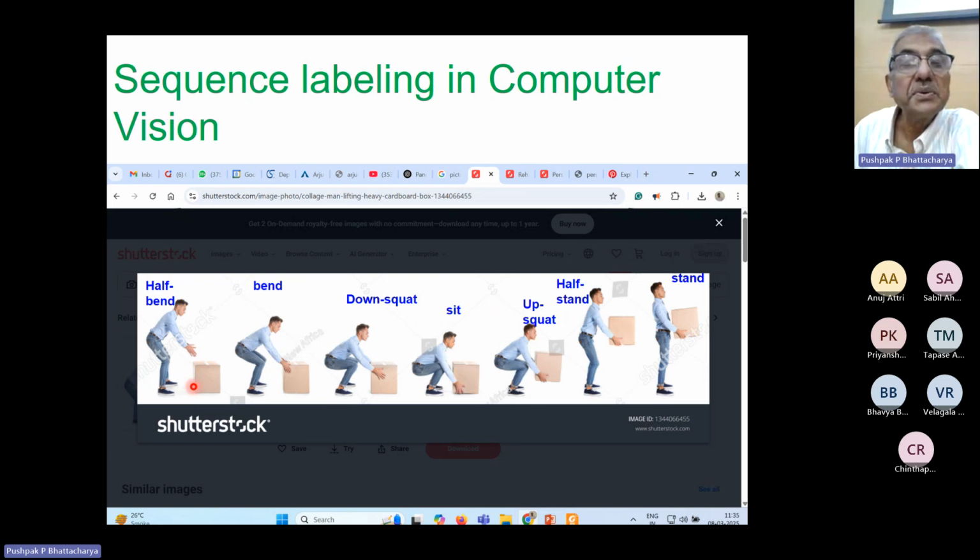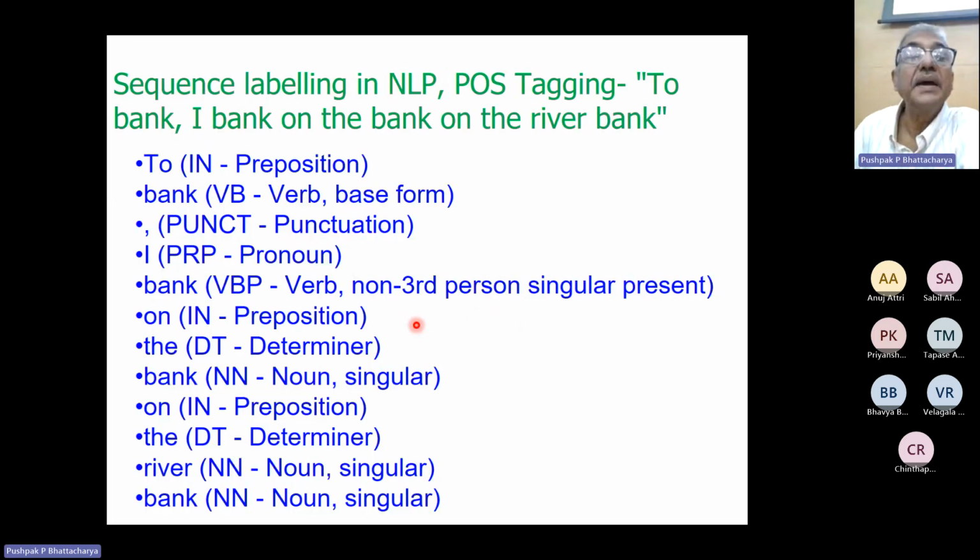So the task is to take these observations and give the labels of half bend, bend, down squat, sit, etc. Or it could be that I'm given a sequence of words: I was very happy that India won the Champions Trophy.